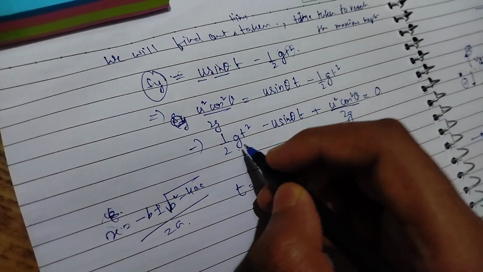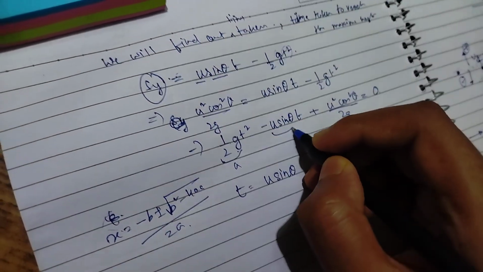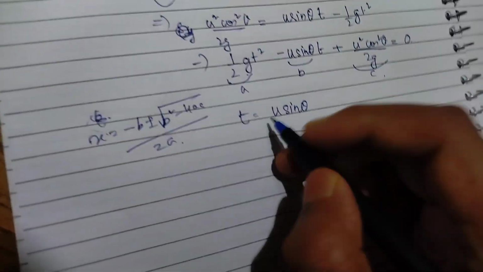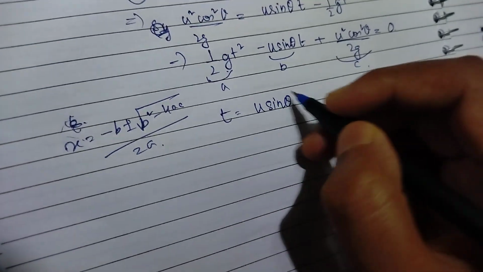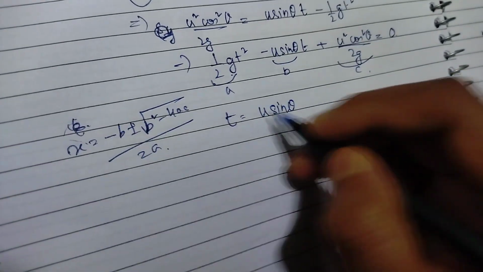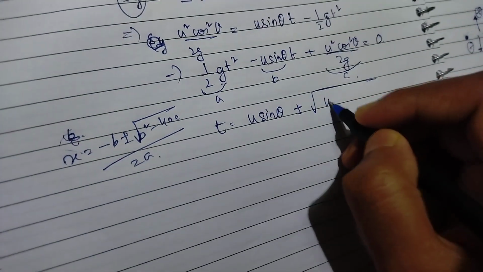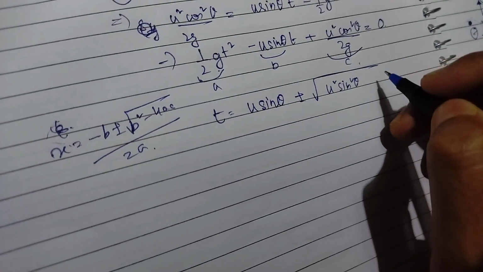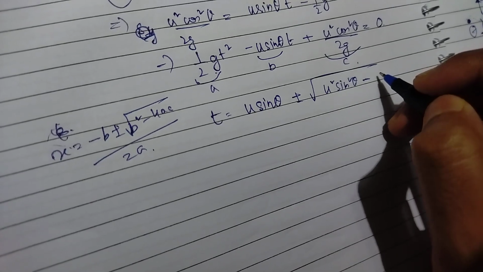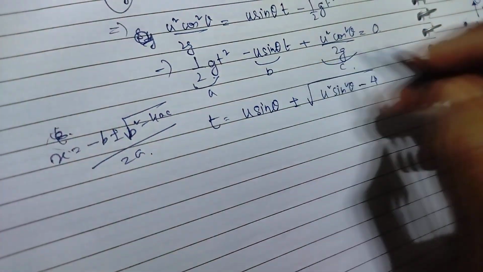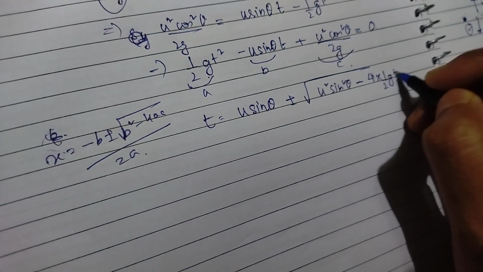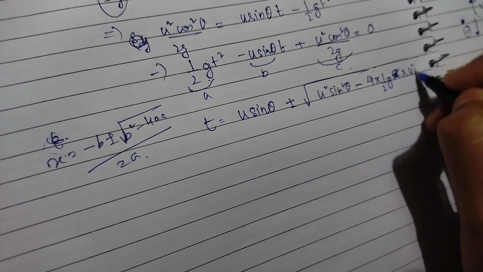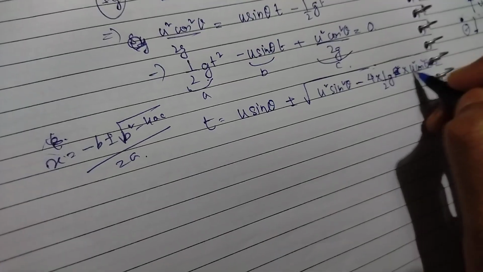So this is a, obviously b, and this is c. So we'll use it. Minus b plus minus square root of b square, u square sin square theta, minus 4 into half g into u square sin square theta by 2g.